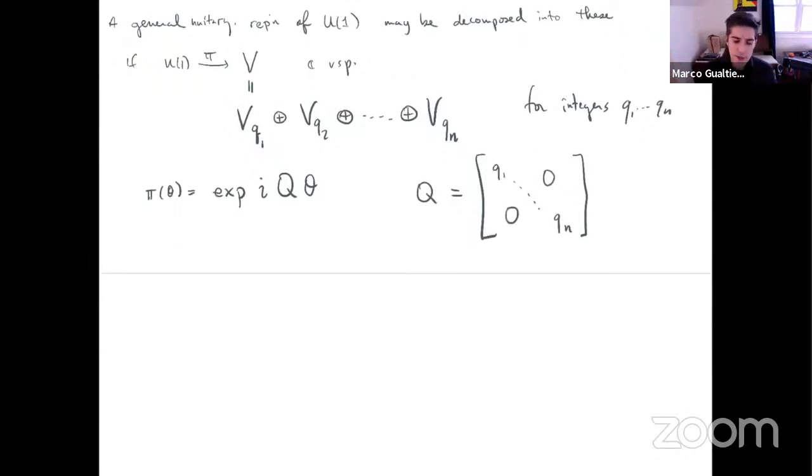Okay, so the representation pi of theta has been diagonalized. In this case, it's diagonal just because of the fact that the irreducible representations have dimension 1.